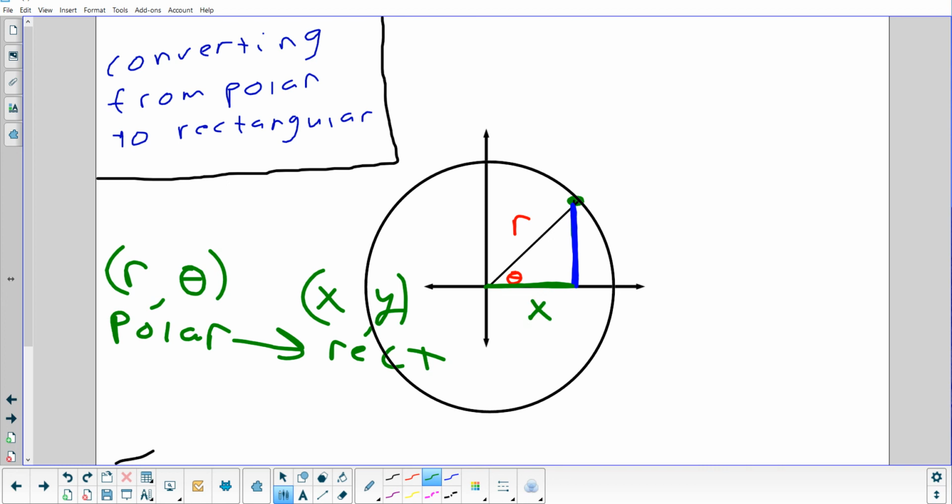And what about the blue? That's the height of my triangle, and that would really be my what? Y. That's my Y, right?